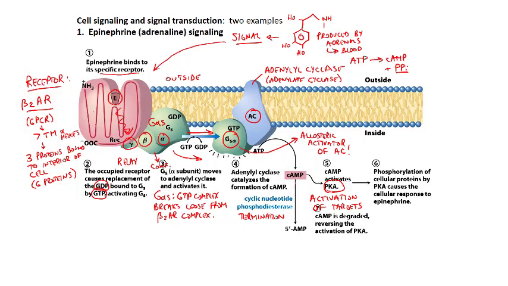It catalyzes the conversion of cyclic AMP to regular AMP, which is already normally floating around in the cell in millimolar concentrations. And then eventually AMP can be converted to ATP to restart this whole process. So this is the entirety of the epinephrine signaling pathway. Let's take a look at some of the steps of this process in a bit more detail.